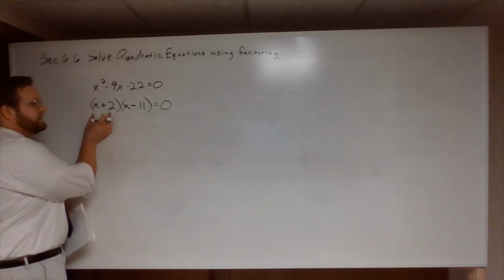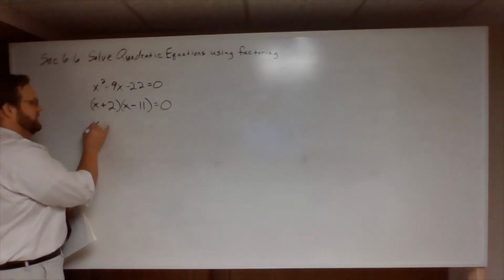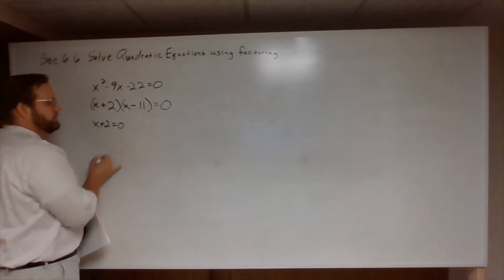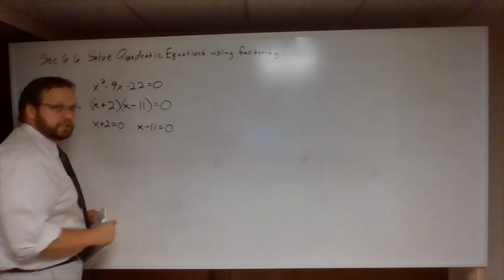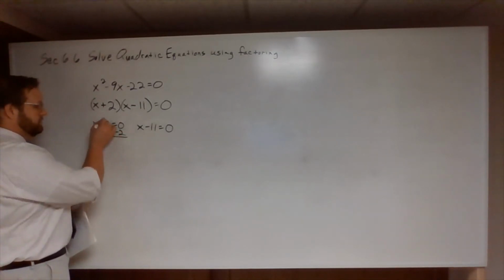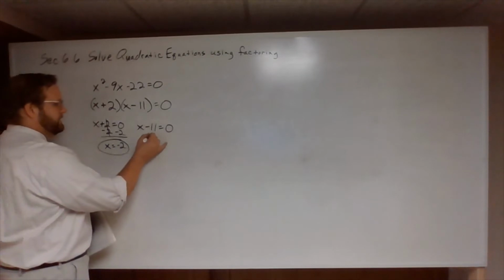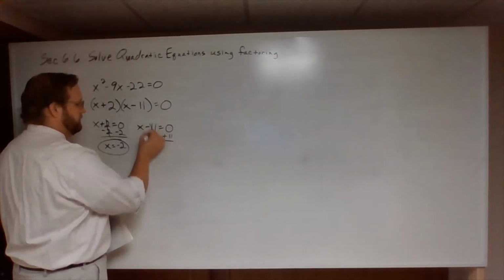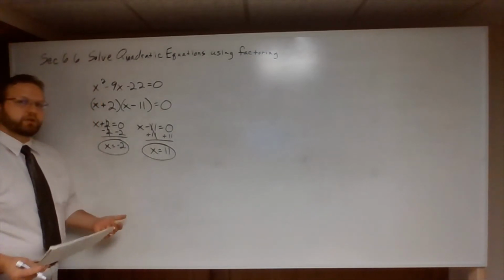Now, I have this times this equals 0. Therefore, this must equal 0, or this must equal 0. I can subtract the 2. I can add the 11. And there you have it.